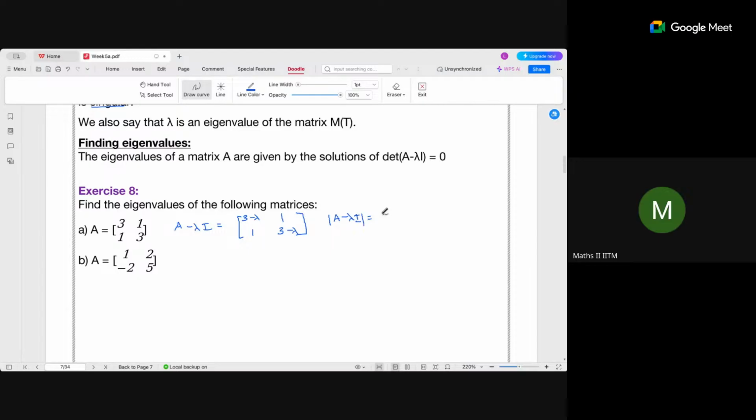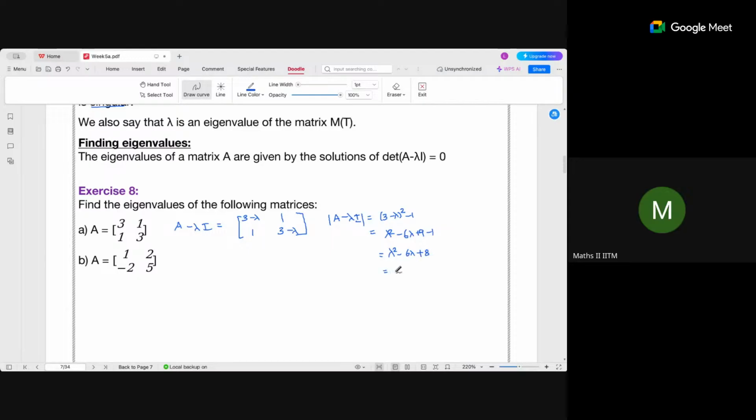It is 3 minus lambda squared minus 1. When you expand this, you get lambda squared minus 6 lambda plus 9 minus 1, which is lambda squared minus 6 lambda plus 8.